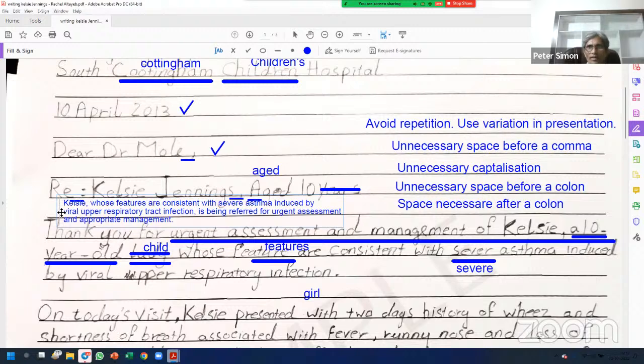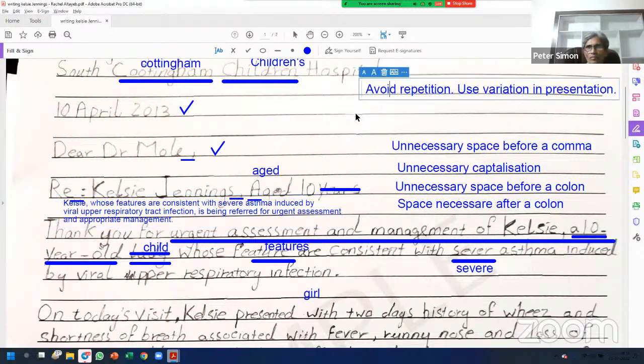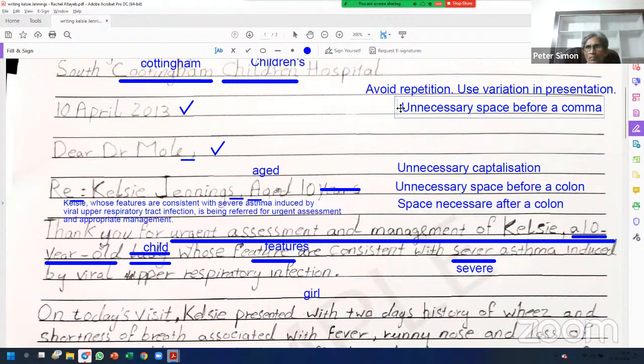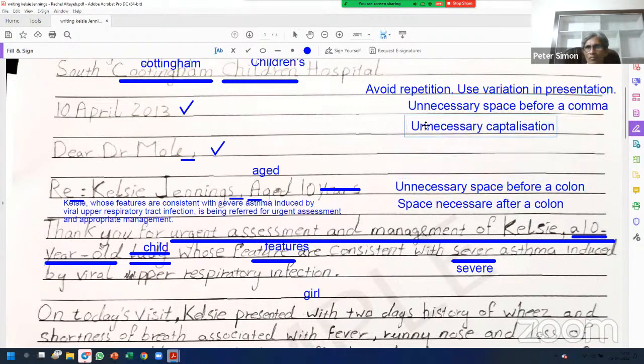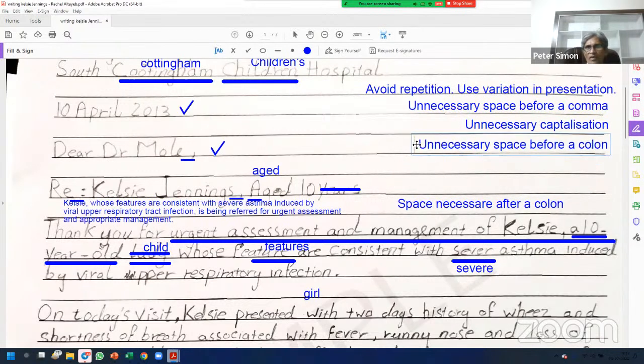So here you can write like this. I'm making space for you.